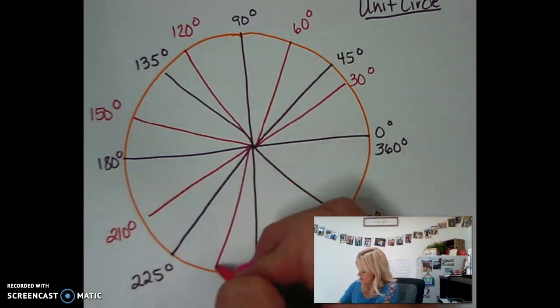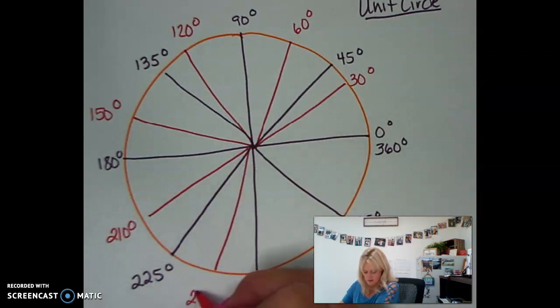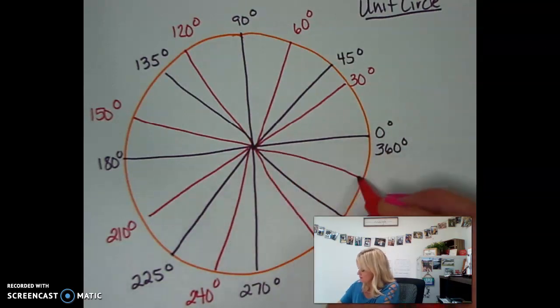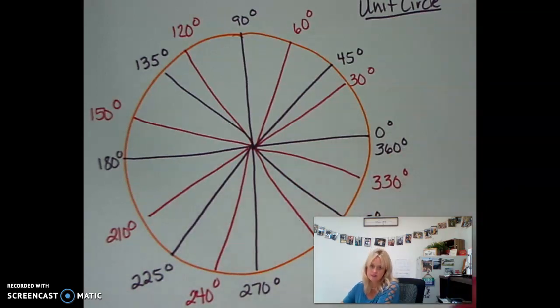Sometimes I hit 30 degrees that is already on the unit circle, like the 270, but sometimes I have to create another line. And that brings us all the way back to 360 degrees.